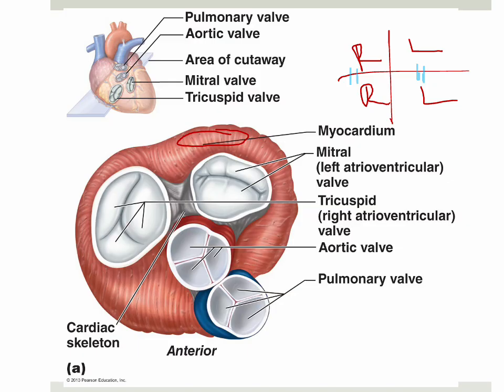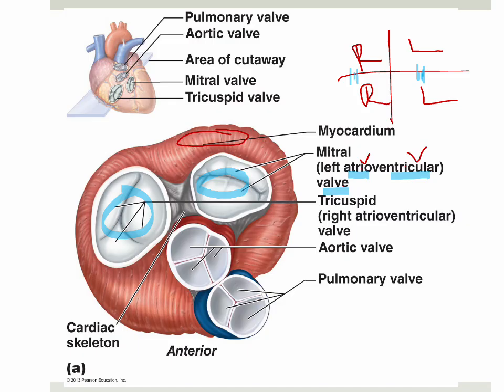So these here are the valves between the chambers. Let's start with the left one. The left one is called mitral or left atrioventricular valve. Does that make sense? Because it's going from the atria to the ventricles, right?